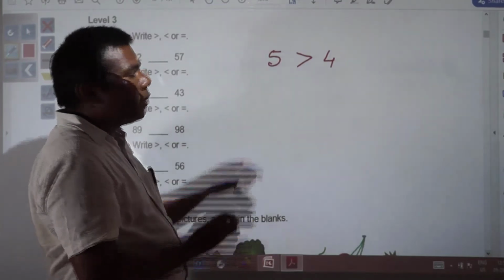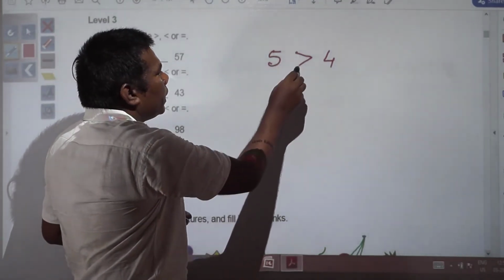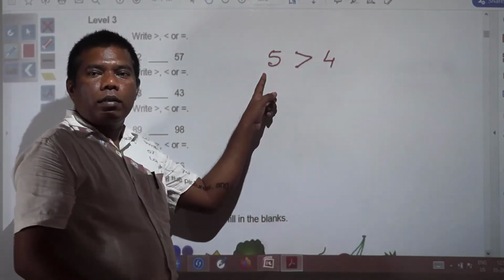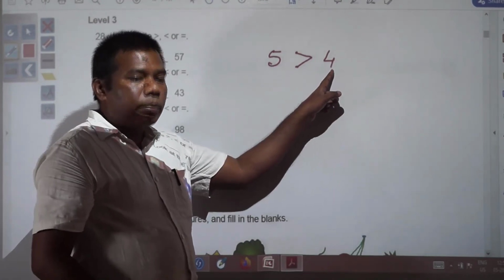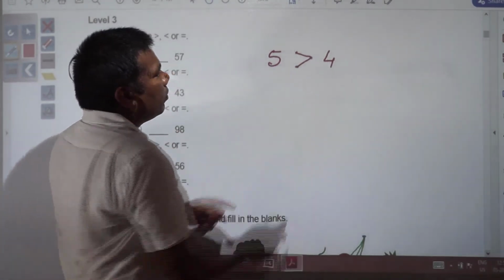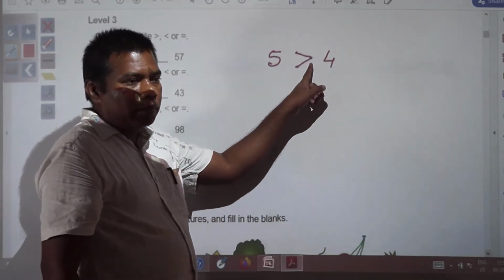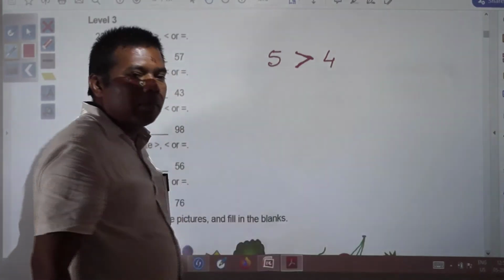The number which is bigger, this side of the shape will be open toward it. And the number which is smaller, that side, the cone, the angle will come. Got it?